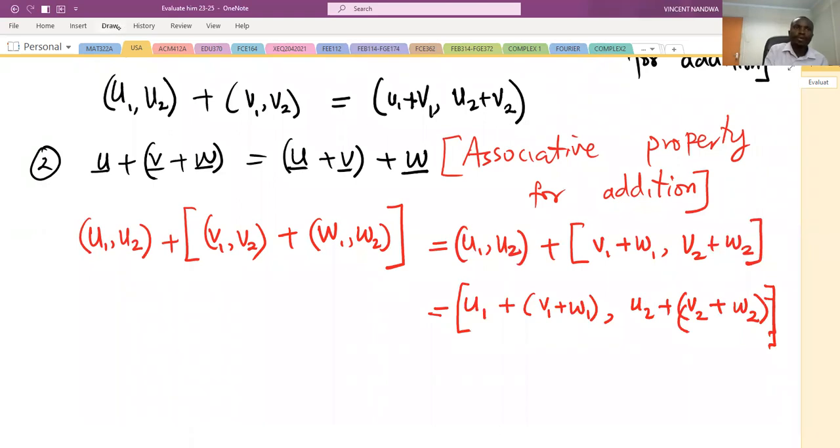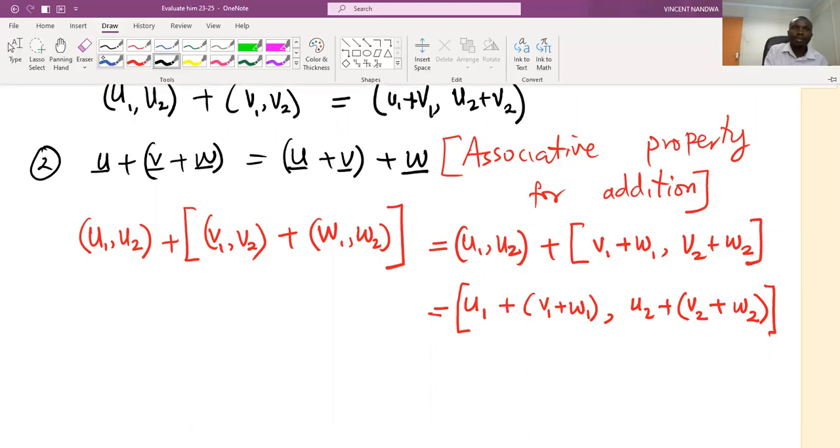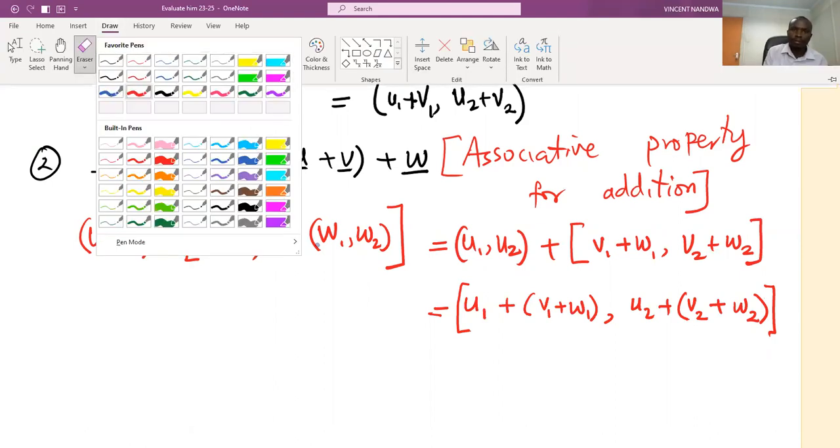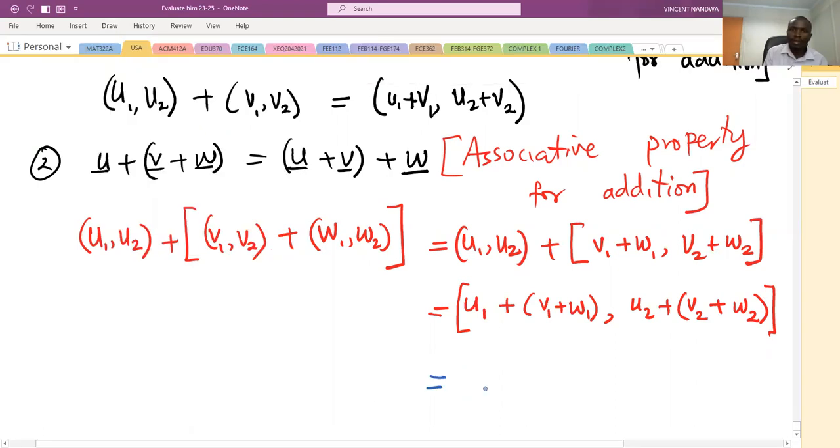And because U1, V1, W1, U2, V2, W2, all of them are real numbers, we can also associate and write this as U1 plus V1, then plus W1, and then U2 plus V2, plus W2.